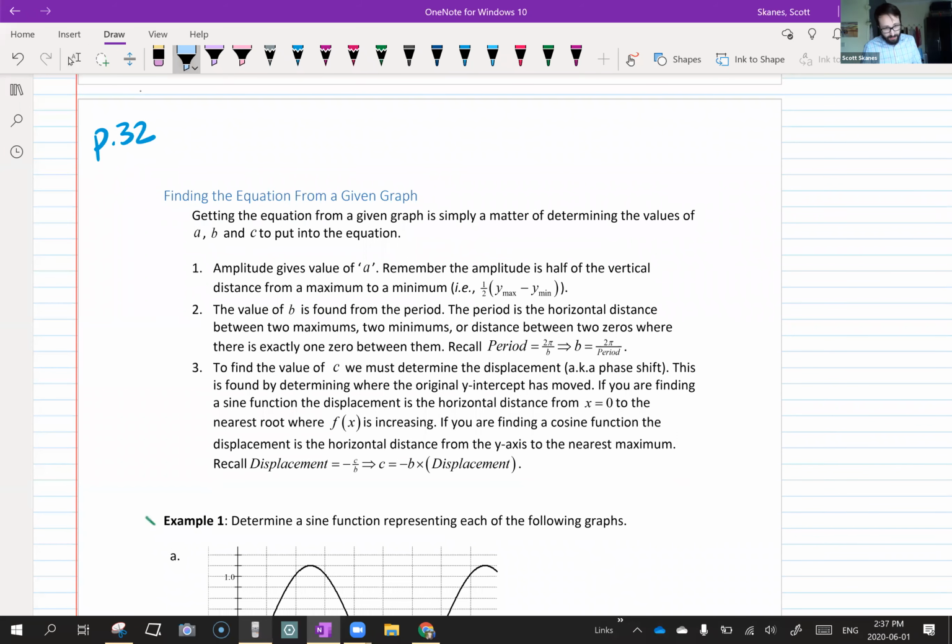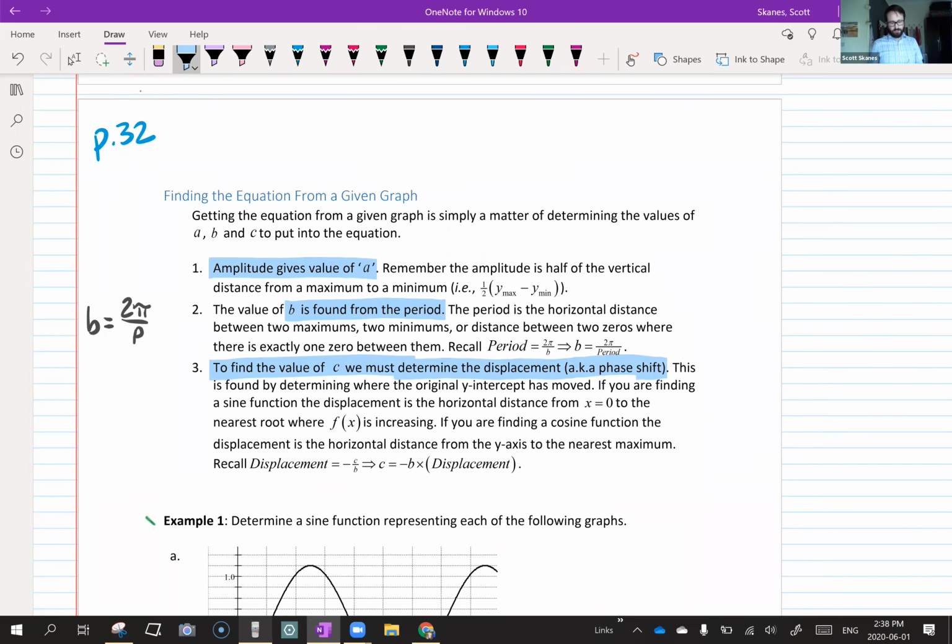So what it's trying to say is amplitude gives the value of A. So if you look at a graph, find the amplitude by looking at it and you have your A value. B is found from the period. Of course that's true because period is 2 pi over B. Or let me make it easier on you. B is 2 pi over period. And then it says to find the value of C, we need to determine the displacement, the phase shift. That's all you need to do.